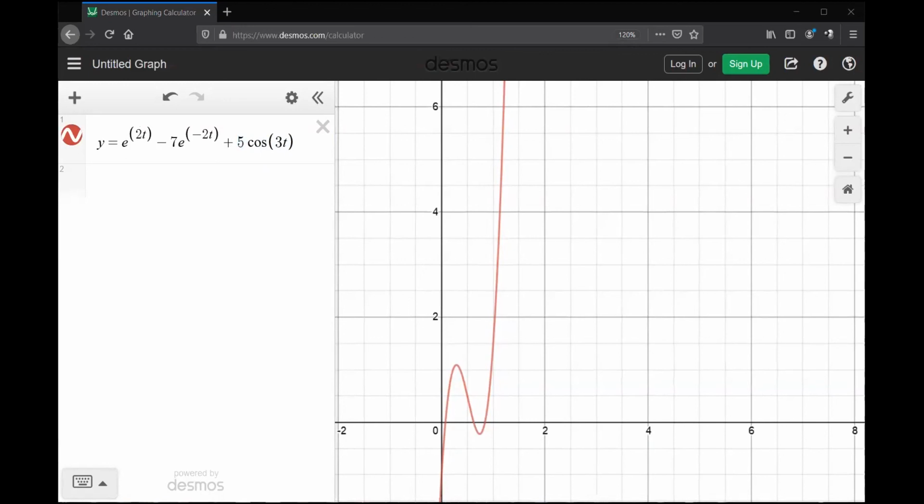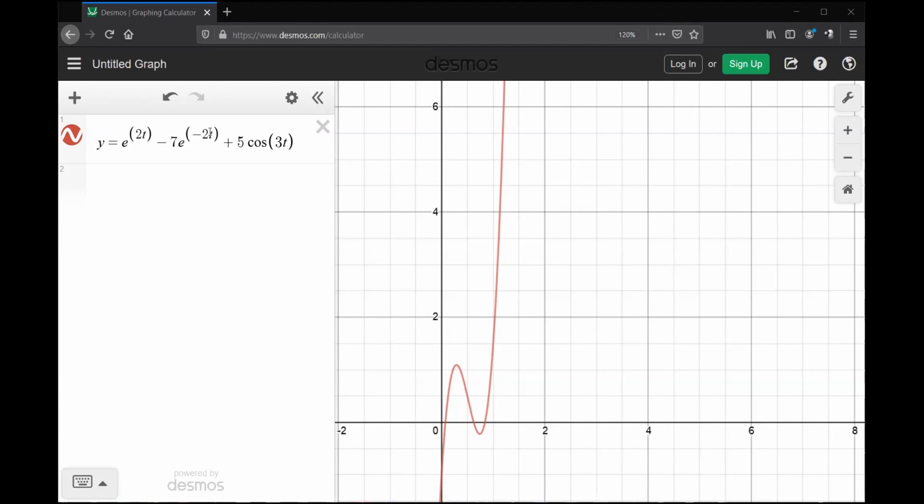Okay, so what if the roots were different numbers? Oh, like if you had e to the 5t or something like this. It largely depends on what these roots are.